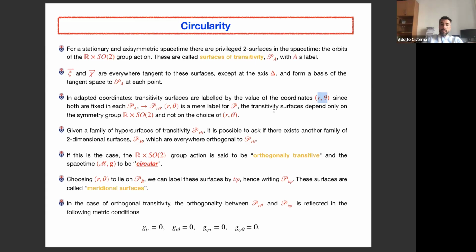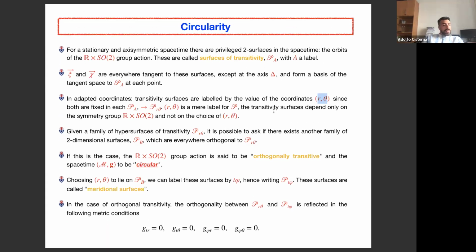In particular, circular spacetimes are spacetimes in which you ask the surfaces of transitivity to be always orthogonal to another family of hypersurfaces, now determined by the other remaining coordinates, in this case r and theta, okay? These are called meridional surfaces. Spacetimes in which you can take your surfaces of transitivity and find them to be orthogonal to these meridional surfaces are called circular spacetimes.